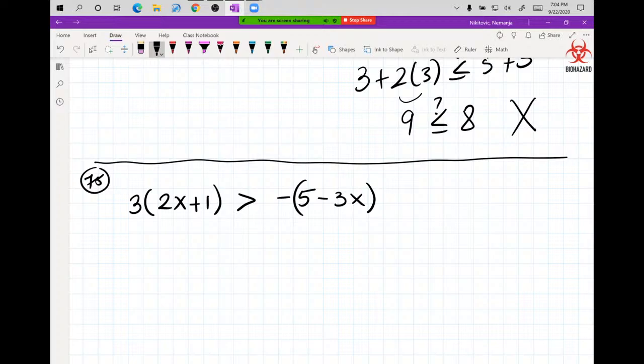Guys, same rules like equations. Before we solve it, do you distribute the negative? Excellent. I want you to try first. I'm not going to jump in and do it. I'm going to give you some time to try it.